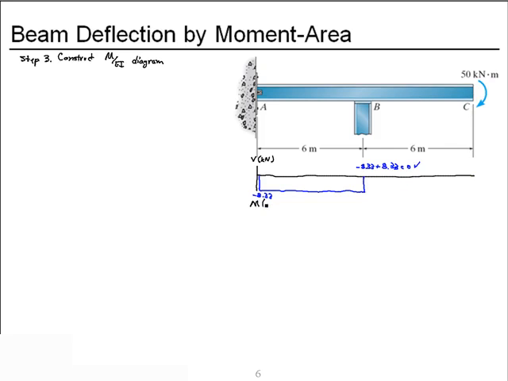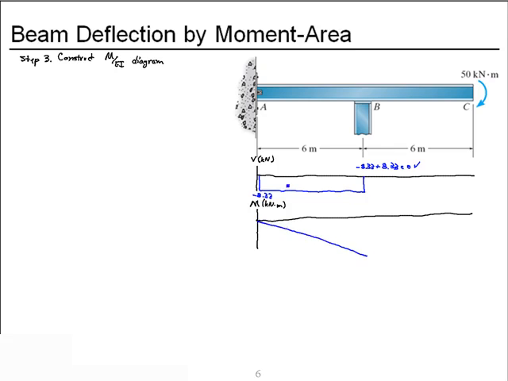Now our moment diagram, in units of kilonewton meter. Point A is pinned, so it starts at 0. The shear is constant and negative, so we get a linear moment diagram heading in the negative direction.